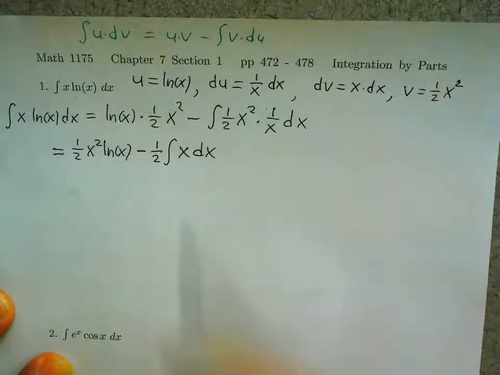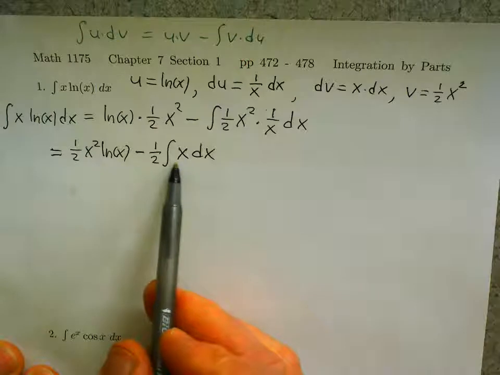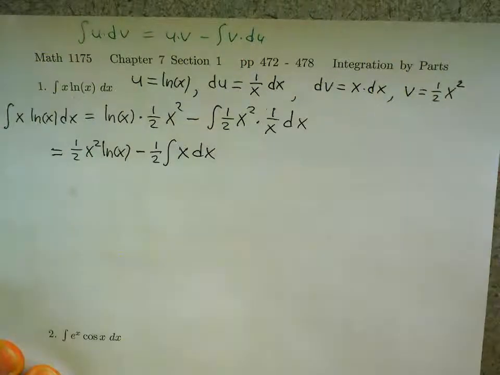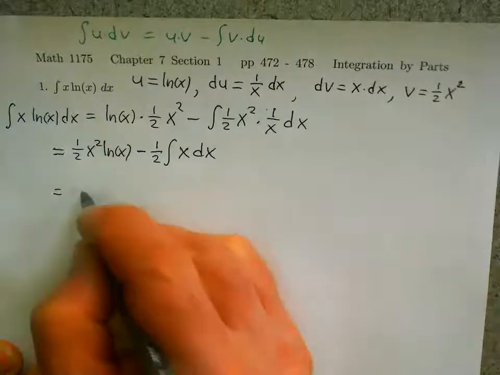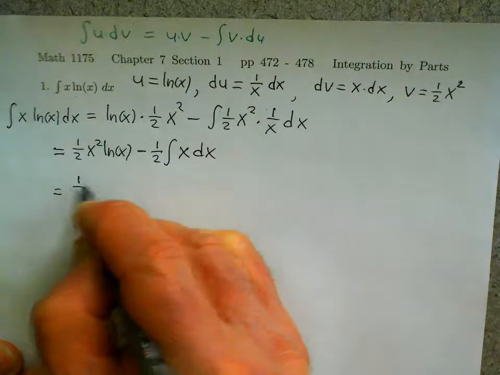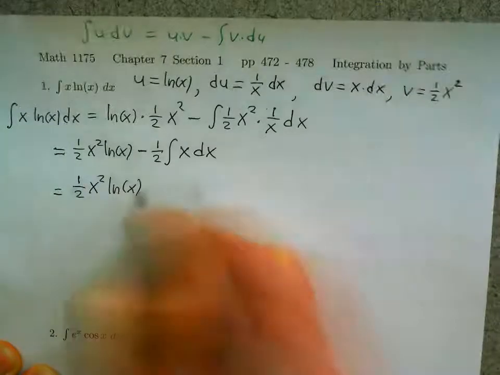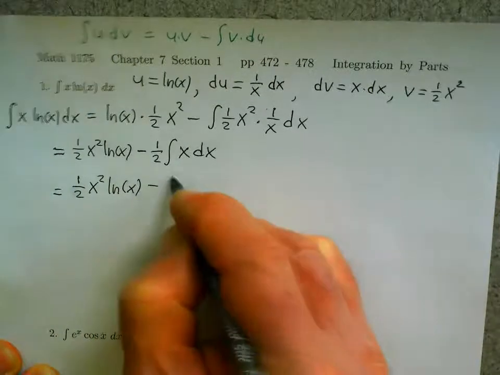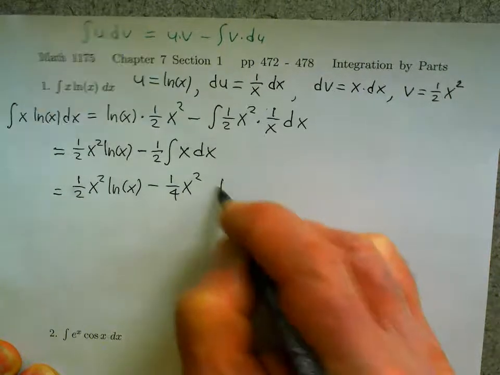And now we're just one step away, because the indefinite integral of x is just x to the second divided by 2. So our final result is 1/2 x to the second times the natural log of x minus 1/4 times x to the second plus c.